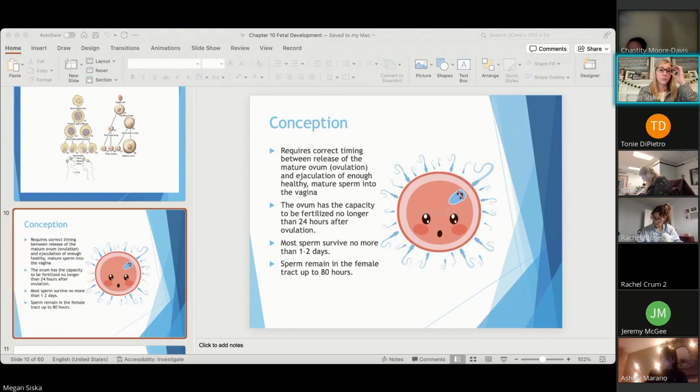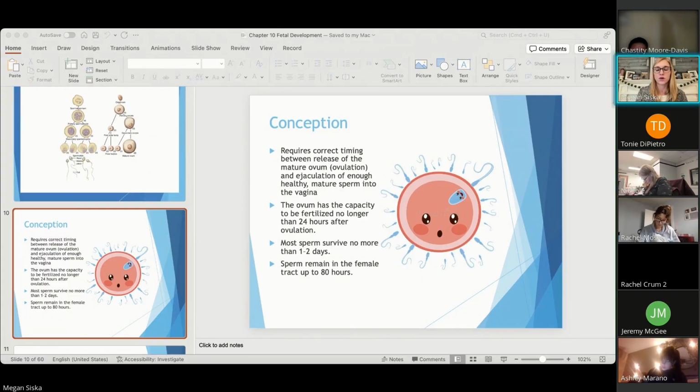A lot of practitioners will tell couples to have intercourse every other day during their fertile window. We do every other day because we want the male's body to have a chance to build up their sperm again and have enough. It gives you the best chance of having as many mature sperm as possible to try to fertilize that egg.